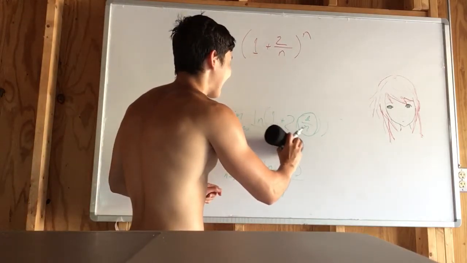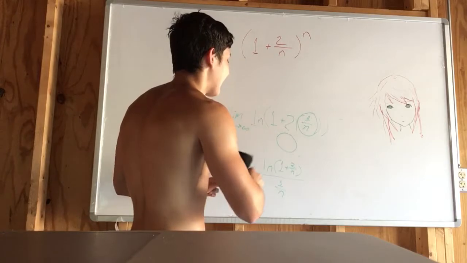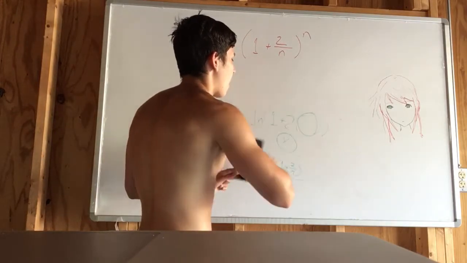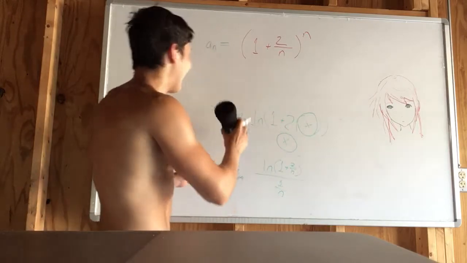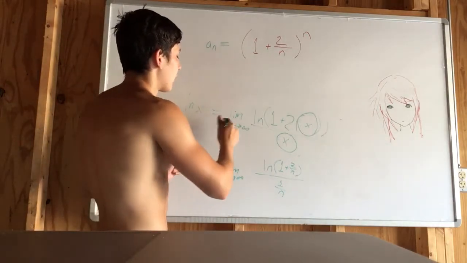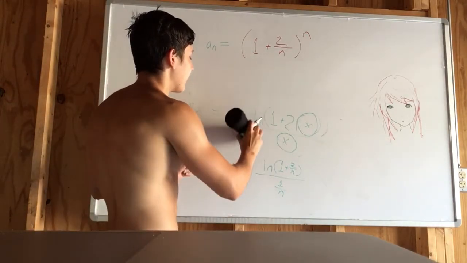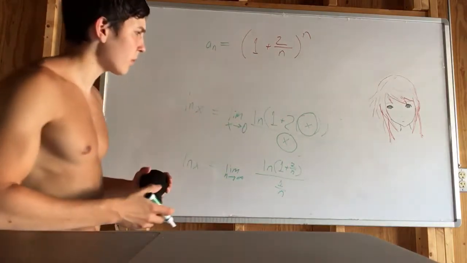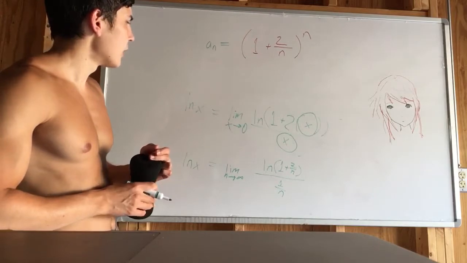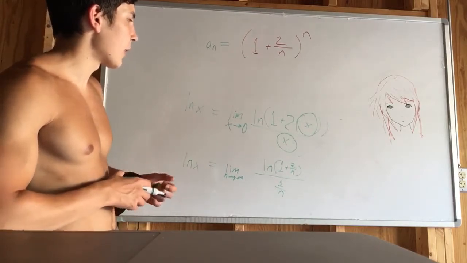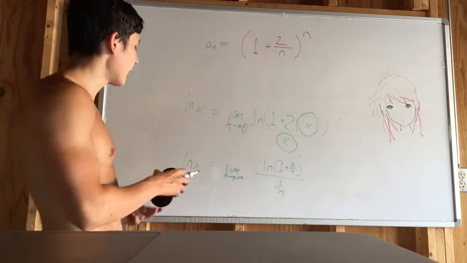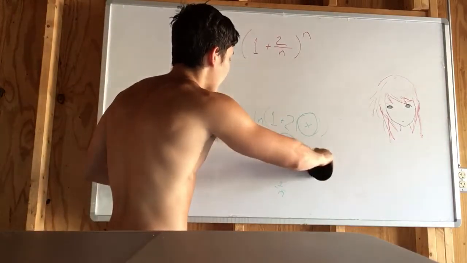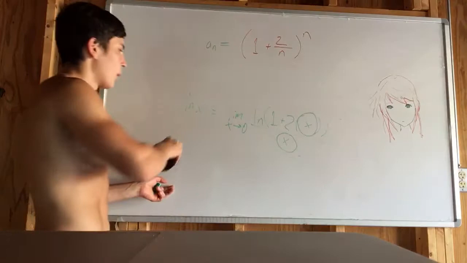So we could say this is x, and this is x, and now x goes to 0. So that's how we do this one. That was a little tricky, but from here on, it's easy. From here on, it's just what you would normally do when solving these things.